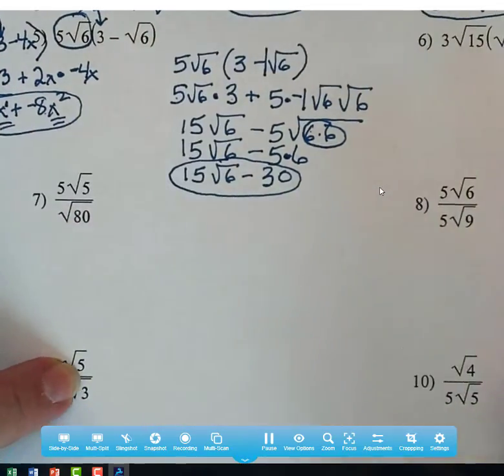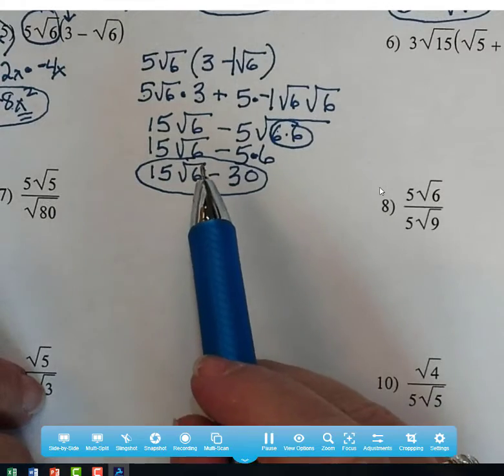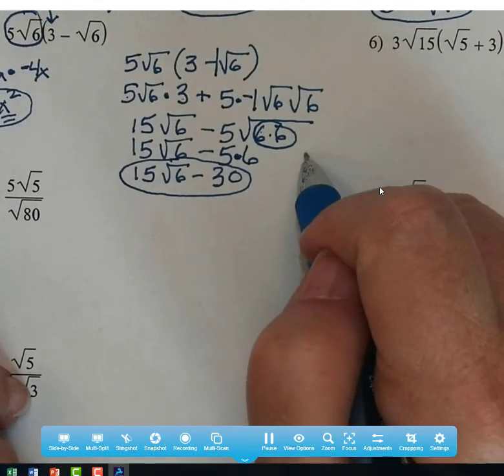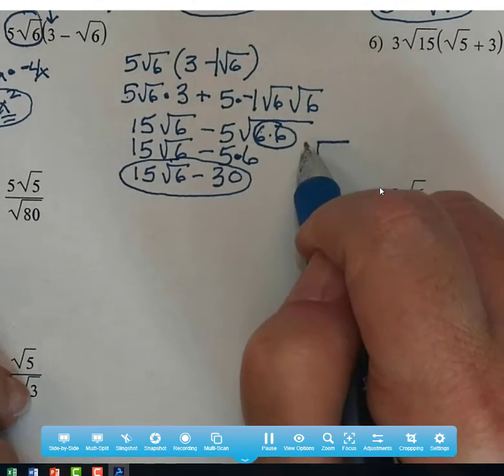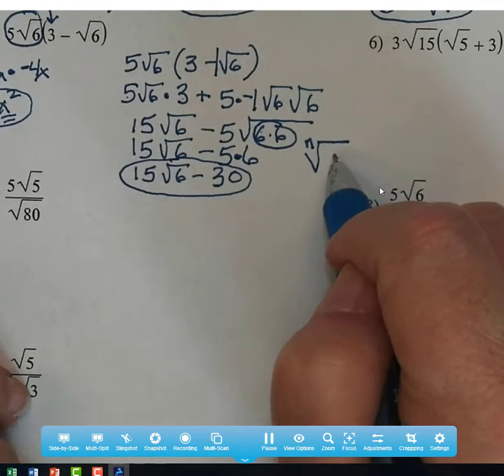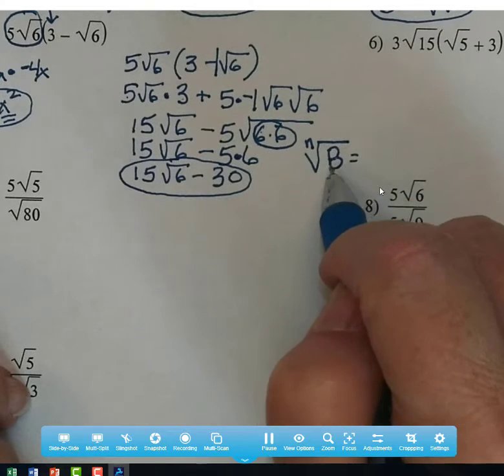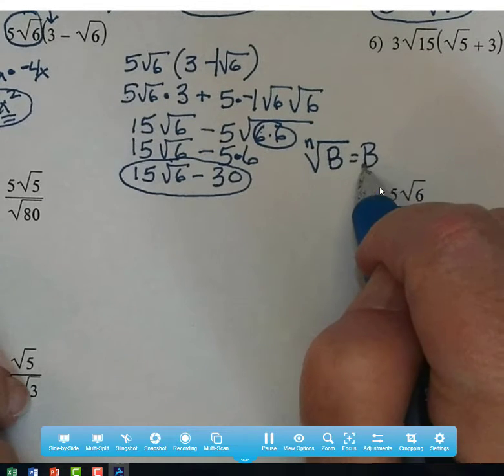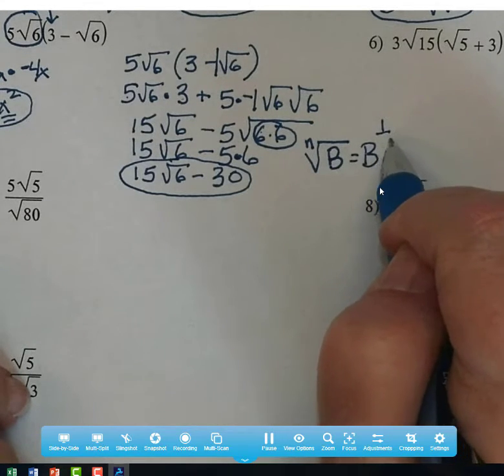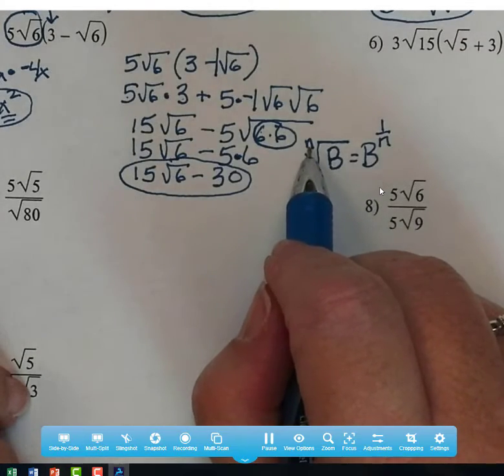Well, a little bit of a sidebar. Let me make it a little bit more basic: when we have the nth root of a base, that can be rewritten as the base to the exponent 1 over n, whatever the index is.